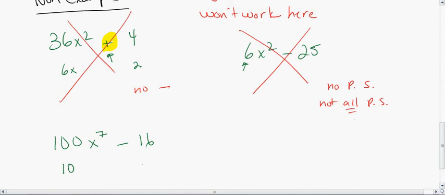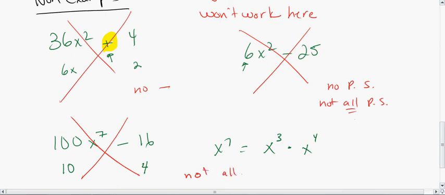The square root of 16 is 4, but that x to the 7th, am I going to be able to split that up into x times something and x times something and have it be the same something? I don't think so, because it would be 3 and 4, right? That would give me 7. That won't work. So I'm afraid this is also not going to work for difference of perfect squares. And it's because they are not all perfect squares.